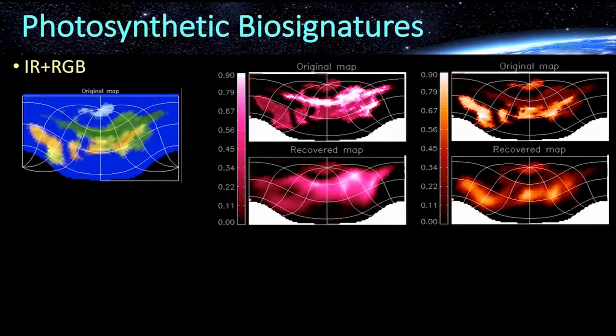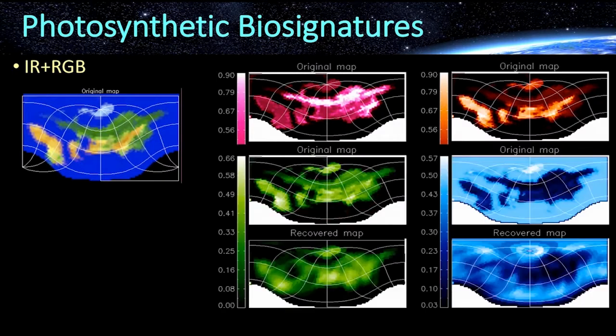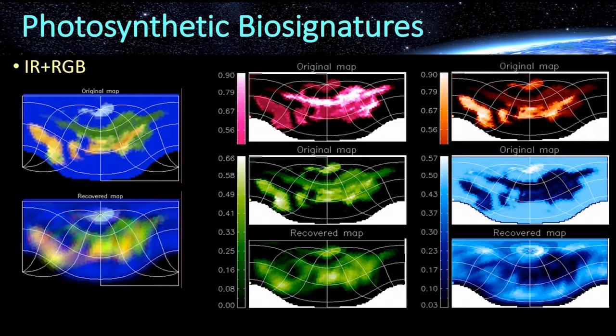You can see on the top this input and at the bottom the recovered map. So we can do inversions in these four different bands, and we can get a composite RGB image of a planet. So this is a photograph of a planet from afar compared to what we put in. Again, the overall structure of the continents is recovered.